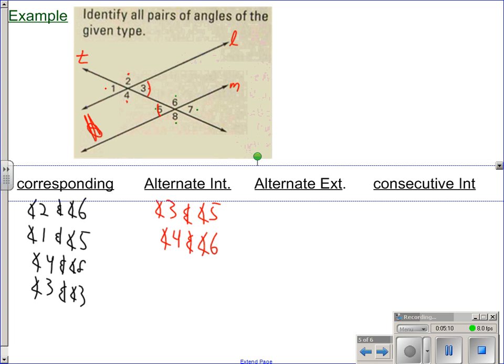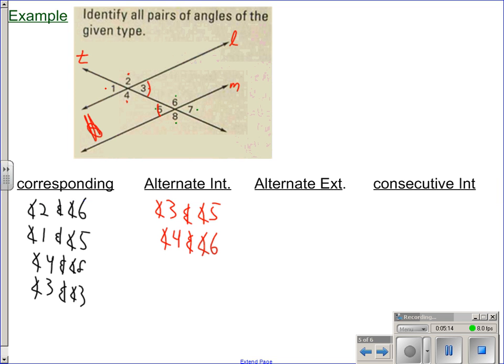For the alternate exterior, again, the alternate, different sides of the transversal. The exterior, they're outside of the lines. So we're looking at angle 1 and angle 7. Angle 1 is outside the lines on one side of the transversal, and angle 7 is outside the lines on the other side of the transversal. The other pair is angle 2 with angle 8.